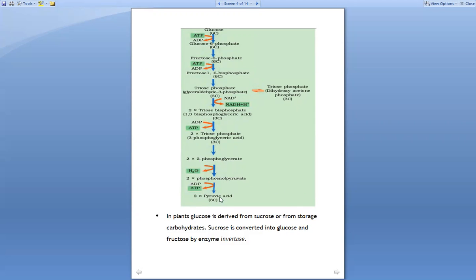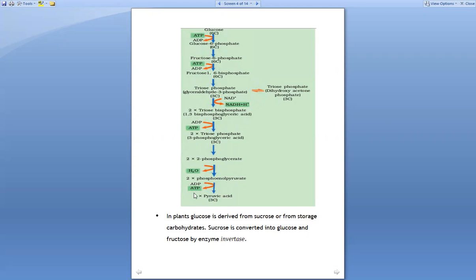And in the last step also, what happens? The phosphate is being removed, and that removed phosphate is useful in the production of ATP energy. So from this phosphoenol pyruvate, the phosphate is removed. Already only one phosphate was left, so that one phosphate is also now removed, and for this reason this phosphoenol pyruvate gets converted into pyruvic acid.